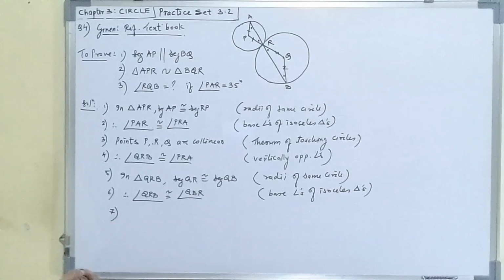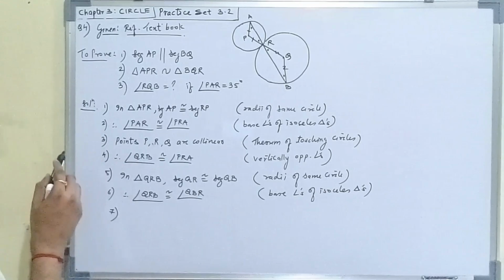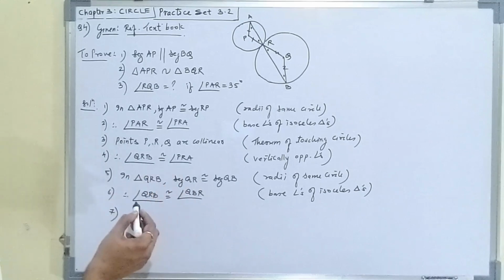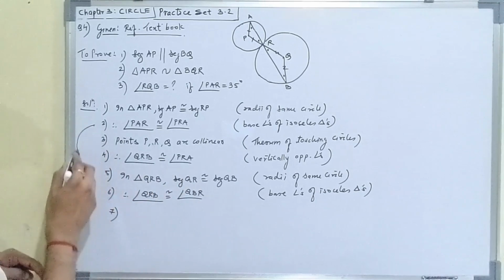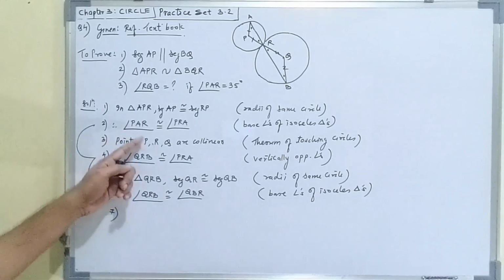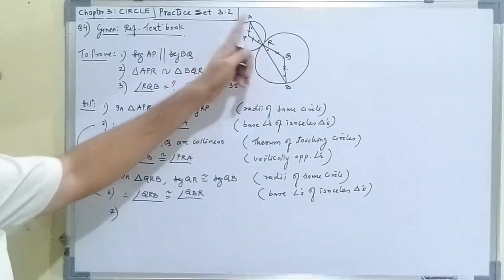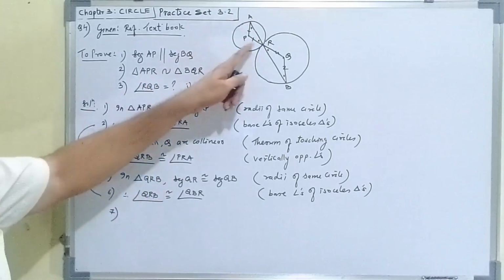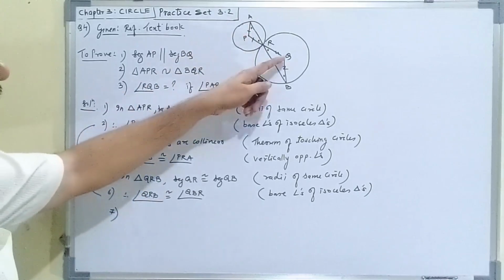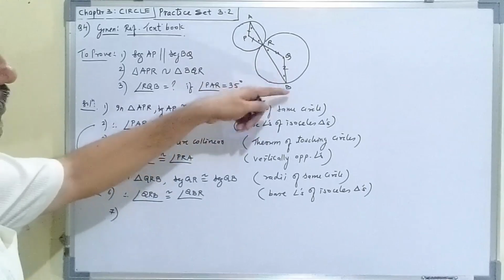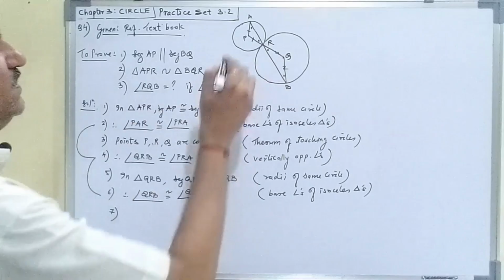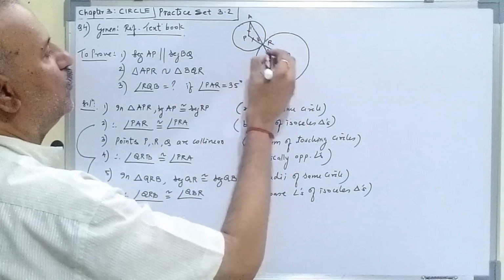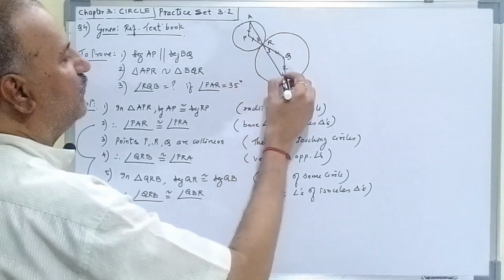7th. Now please see, this and this. PRA is congruent to PRA, but PRA is congruent to QRB, but QBR congruent to BRQ. Means this is angle 1, this is angle 2, this is angle 3 and this is angle 4.